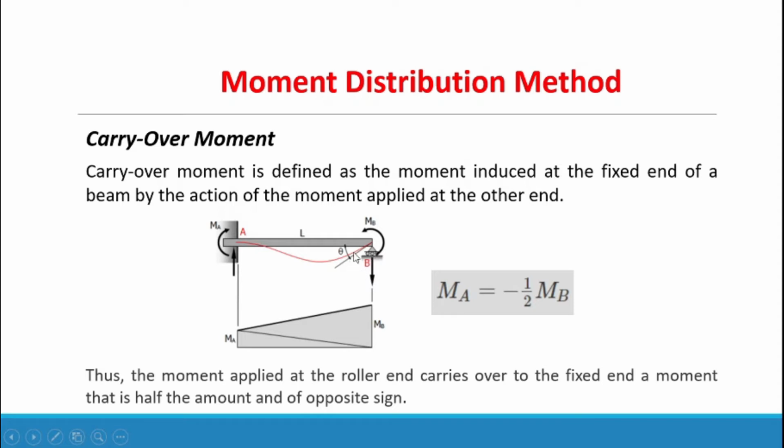We presume that both ends are fixed. The formula: moment at A is equal to negative 1/2 of moment at B. Thus, the moment applied at the roller end carries over to the fixed end a moment that is half the amount, and it is of opposite sign.